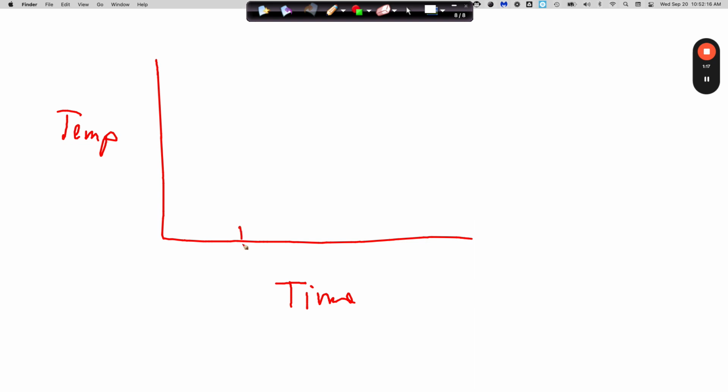You are going to create a 0 point in time that is not the origin of the graph. So what is everything to the left of this line? Negative. Before the reaction happens. Okay?